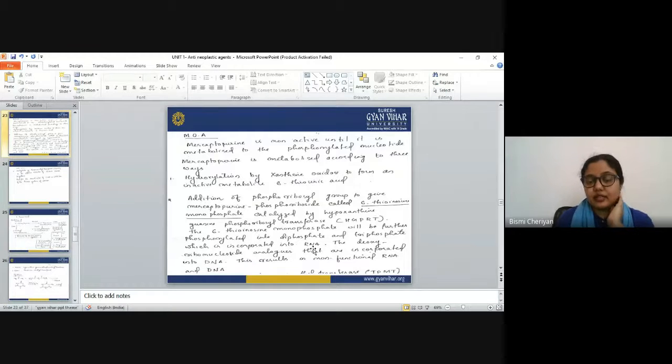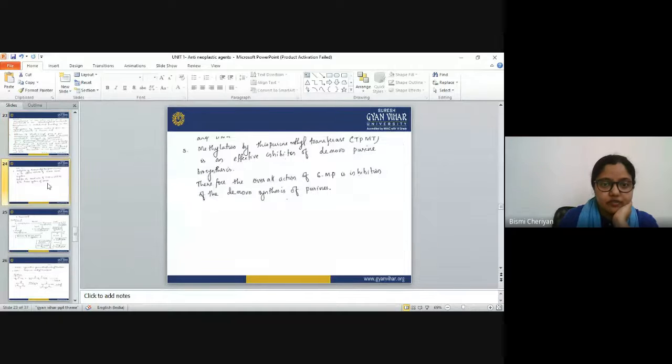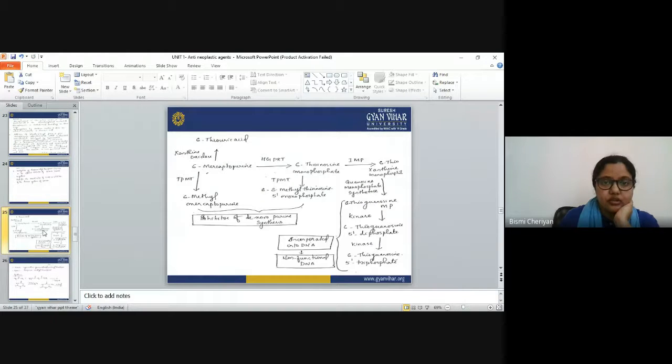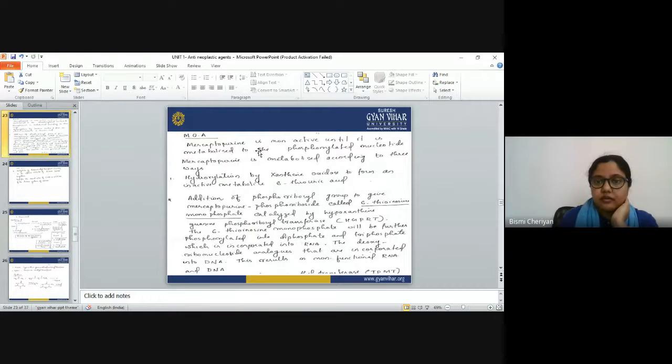Let's see the mechanism of action. I will show that chart. Mercaptopurine is non-active until it is metabolized, so we can say this is a prodrug.